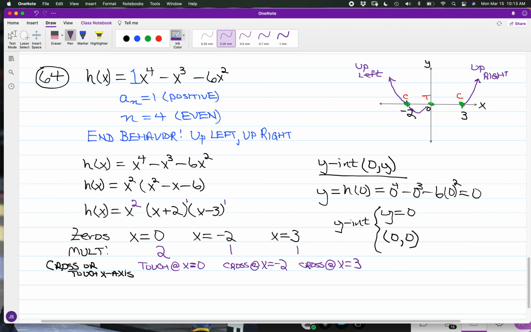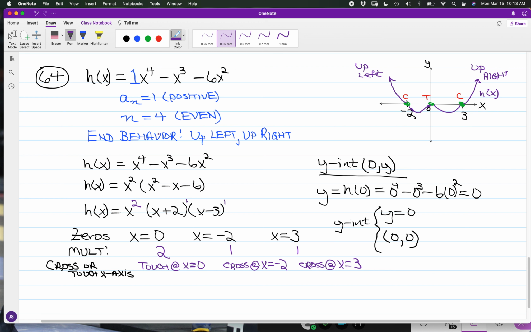Once we get to 0, the graph is going to touch, so it's going to approach the x-axis, bounce off and be below. But once it ascends and approaches x is equal to 3, the graph is going to cross, and the rest of the graph is going to run continuously up and out to the right. So this will be the pattern to which this particular function h of x is going to be running.